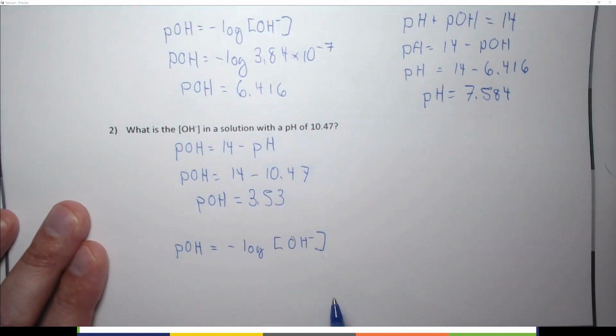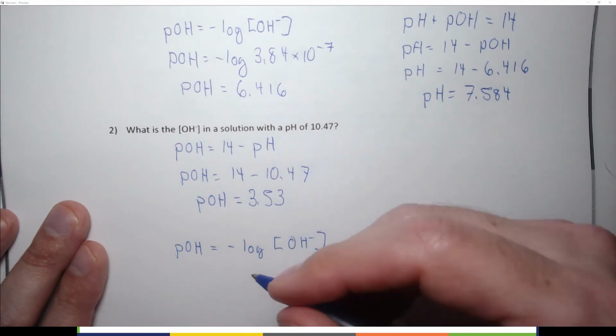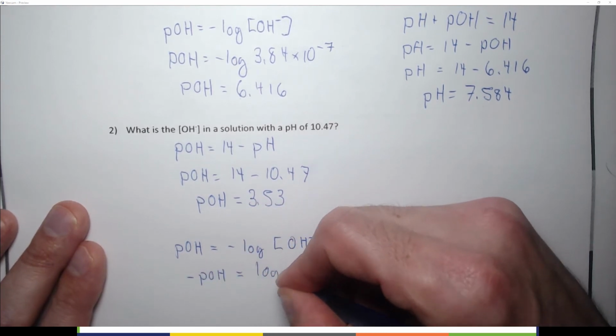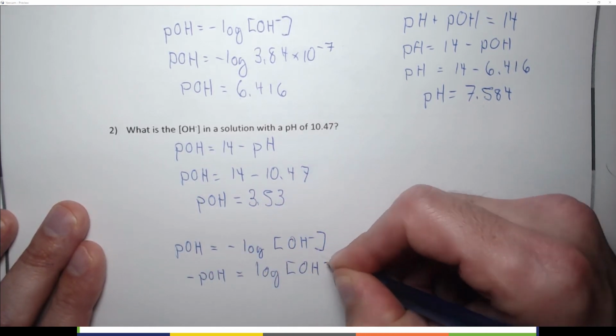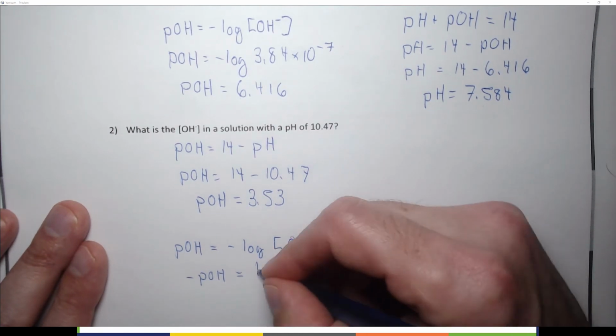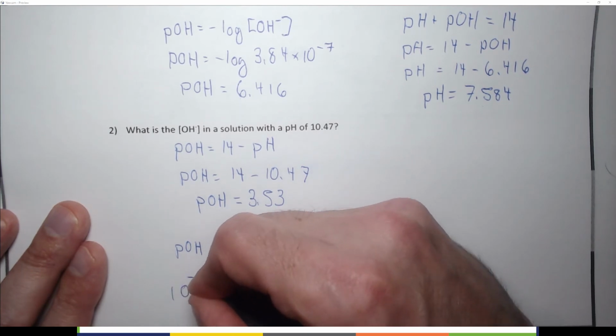Now, remember that the pOH equals the negative log of the concentration of OH minus. If you want to reverse this, you're going to take the negative over here. So negative pOH equals log concentration OH minus, right? I multiply both sides by -1. Then to get rid of the log, we take the inverse log, 10 to the log, or 10 to the negative pOH.